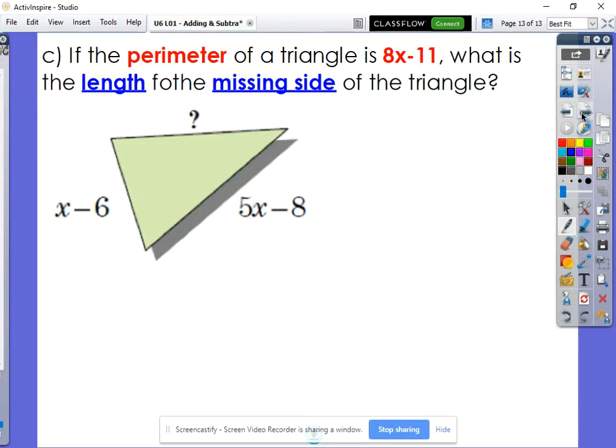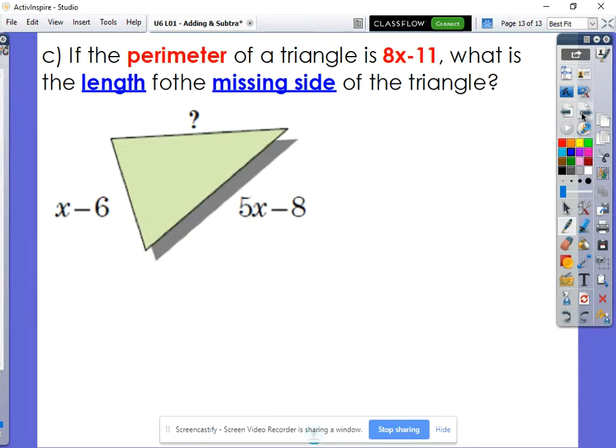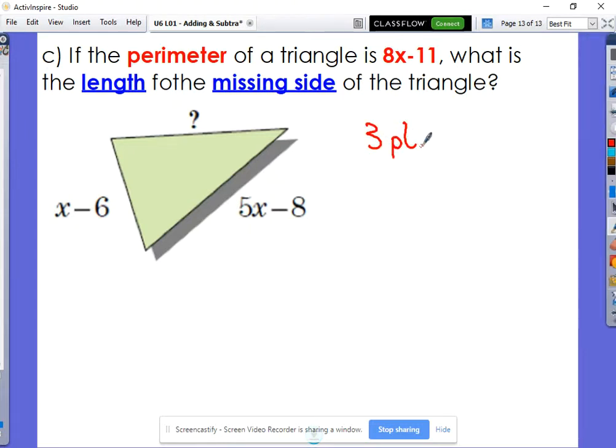Now, the last but not least piece, this is really the most rigorous component, something that you haven't done too much before, is finding the missing side of a shape when you're already given the perimeter of that shape. If you want to think about it in terms of money, let's say there are three people, and together their total is $100.